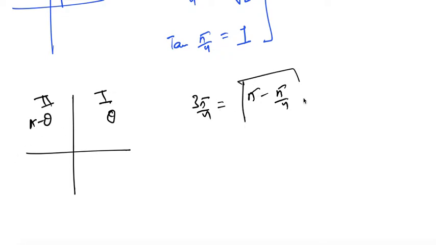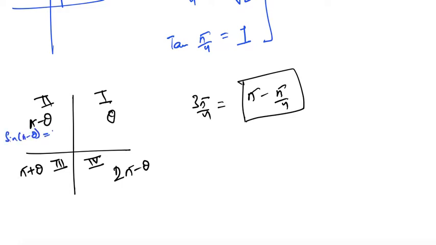So this form is your pi minus theta. In the third quadrant we say pi plus theta, and in the fourth quadrant we say 2 pi minus theta.